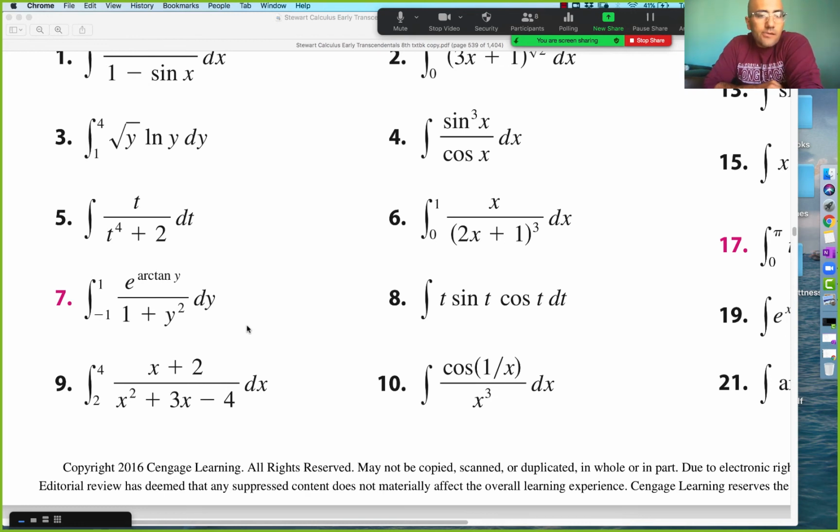So please, can you do number 7? 7, okay. So what do we think about 7? E to the arctan y, which is the same thing as tan inverse y.